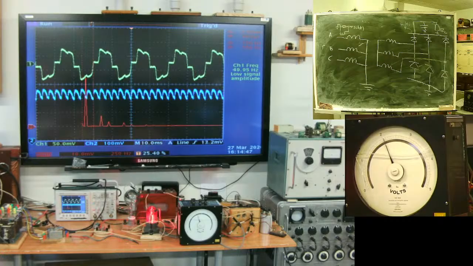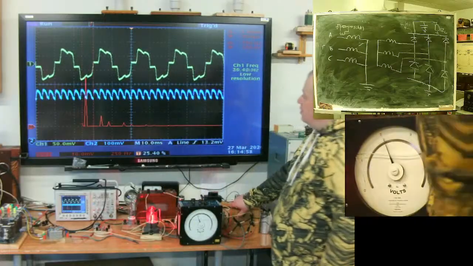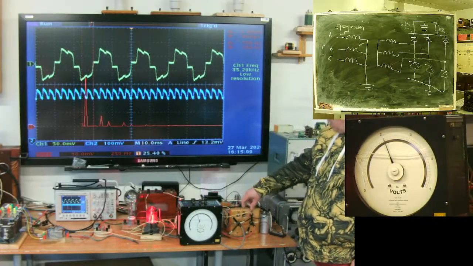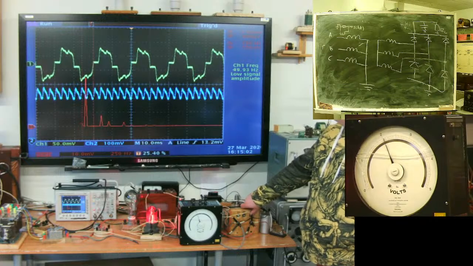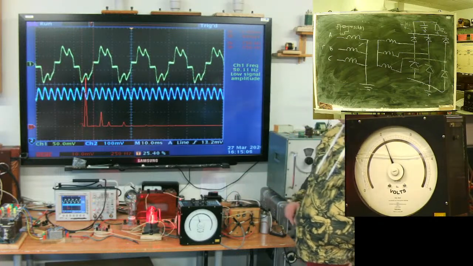Now here, phase current. I can add what? I need filter. I need better quality of voltage. 20, 40, 80. Not enough. 200.